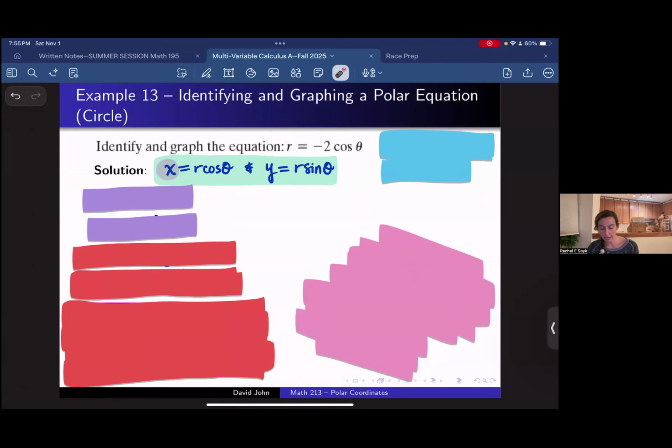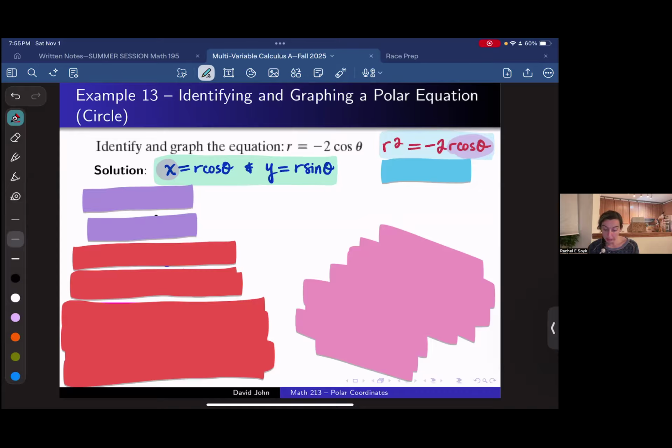So we're now looking at r squared is equal to -2r cosine theta, but r cosine theta is the same as x. So we can substitute that in and we get r squared is equal to -2x. Replace that in our equation, r squared is equal to x squared plus y squared, and we get -2x is equal to x squared plus y squared.